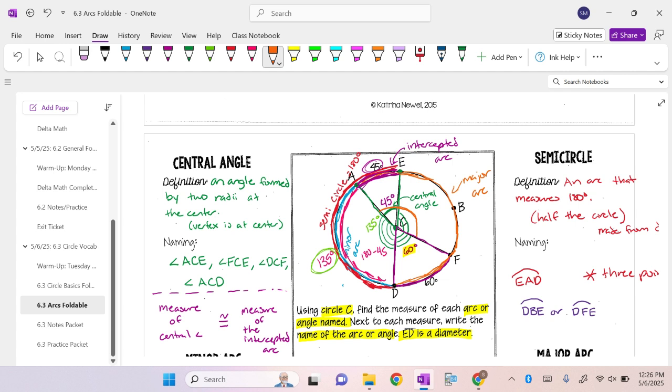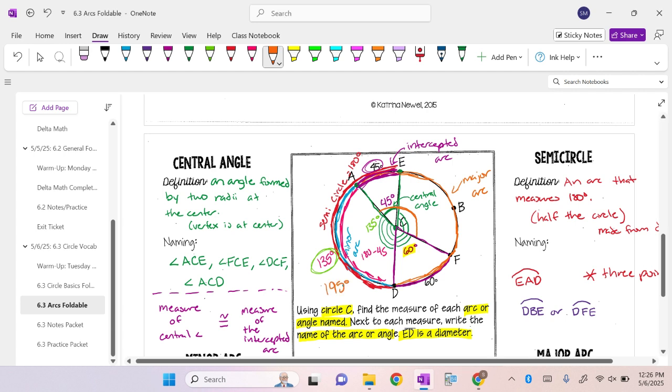So Gavin came up with a good point. We know what arc ADF is. Its intercepted angle is this big angle right here. That is 195 degrees, which I forgot to label. That arc is 195 degrees.